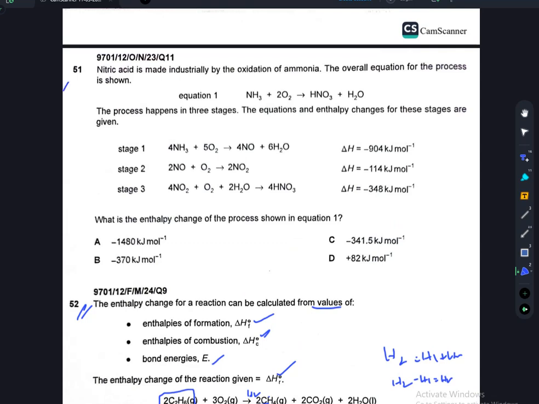Now 51st is the last MCQ, and it is, I guess, most difficult, if I'm not wrong. Nitric acid is made industrially by the oxidation of ammonia. Overall equation for the process is NH3 plus 2O2 gives HNO3 plus H2O. This is a very tricky MCQ. Literally, it is. So this is for stage 1, stage 2, stage 3.